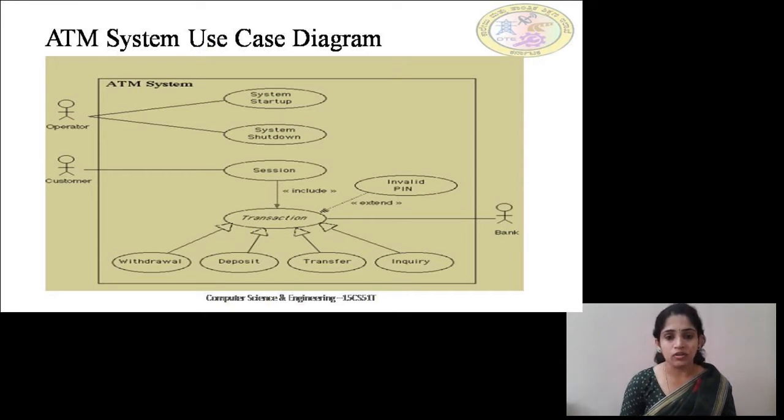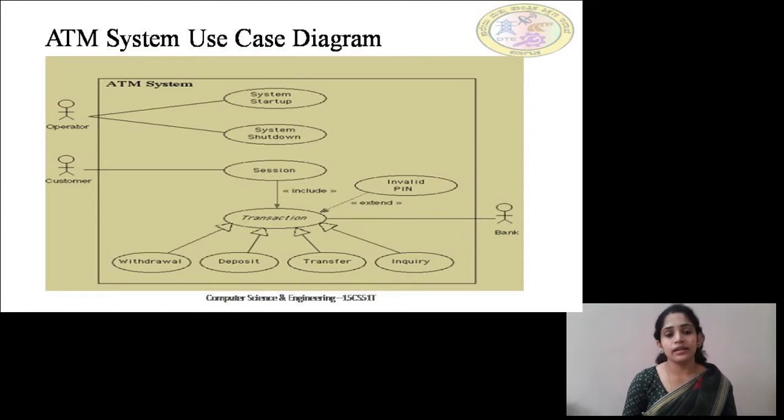Whenever the customer comes to the ATM, the first thing the operator does is recognize the presence of a customer and start the system by using a use case, system startup. And after the customer has been done with his transaction, the operator comes to know that no more transactions are being conducted in this particular session. Now it starts a use case, system shutdown.